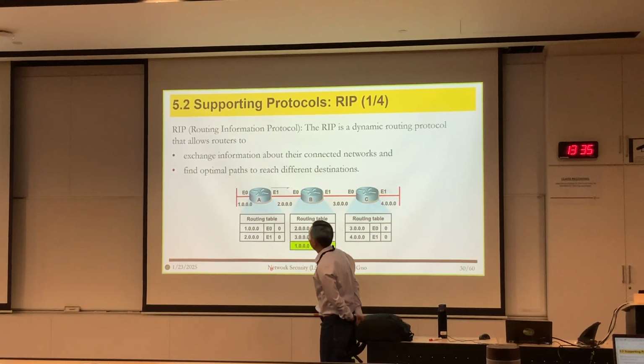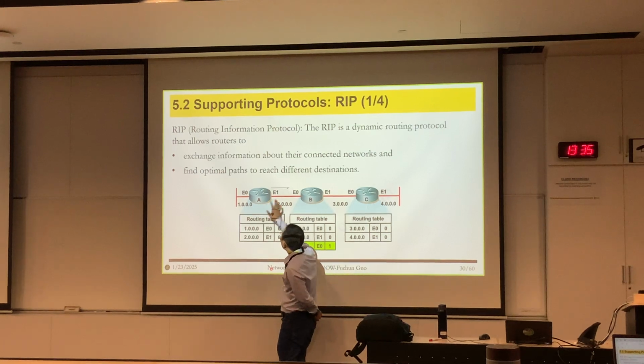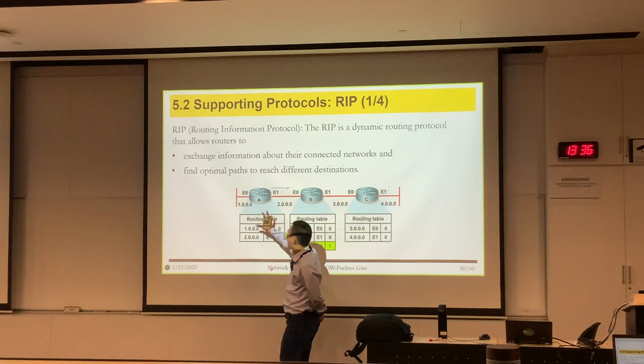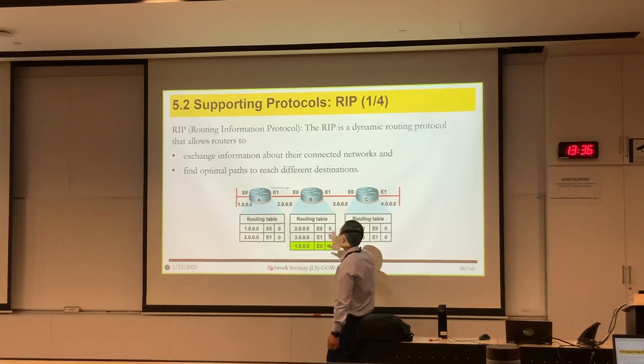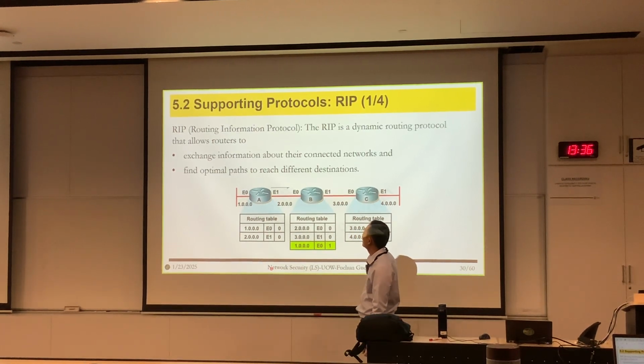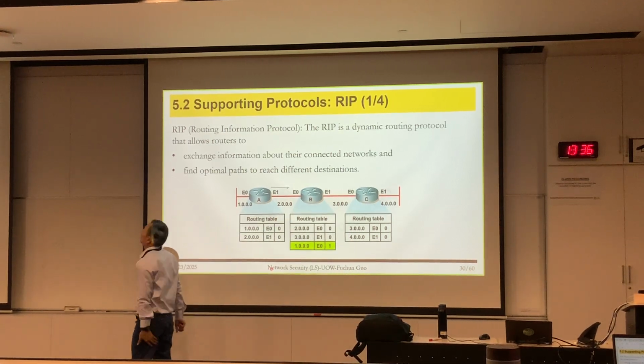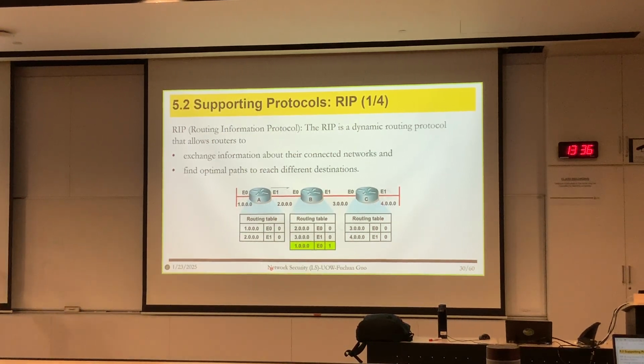For example, there are 3 connected devices, A, B, C, and each one has a routing table. They calculate based on this table to decide which device they should forward the packet to. And we will not go into the details, it's kind of complicated.